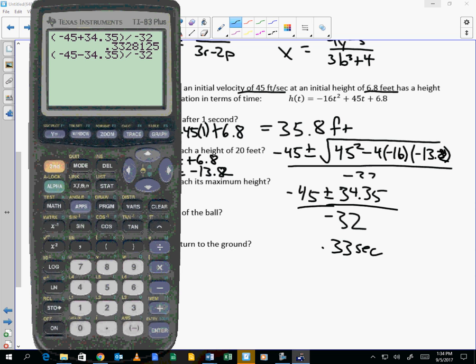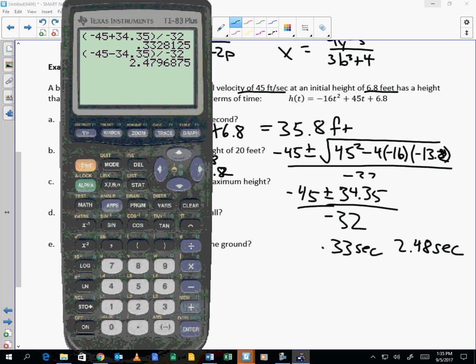I got a calculator manual. You could read it. That's how I learned. So 2.48. Those are my two times, 0.33 seconds and 2.48 seconds. I'm going to teach you all sorts of tricks to the trade with your calculator this year. Don't worry. In fact, we have 2 days where all we do is play around with the calculator.